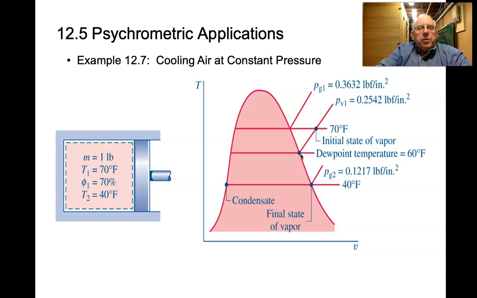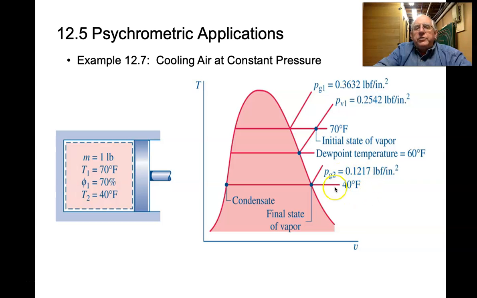Now in this particular problem, that dew point was 60, and it says that we bring it down even further to 40 degrees. And so as we bring it down to 40 degrees, we end up with a mixture that has condensate in it, and the condensate will be at this condition, and then the vapor itself will be at this condition here.